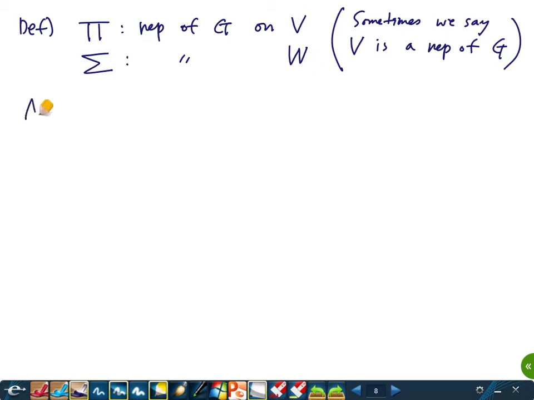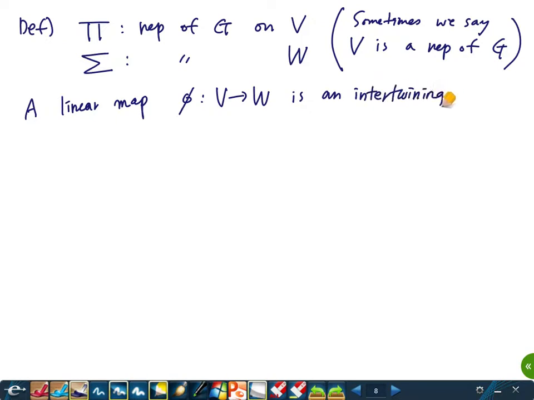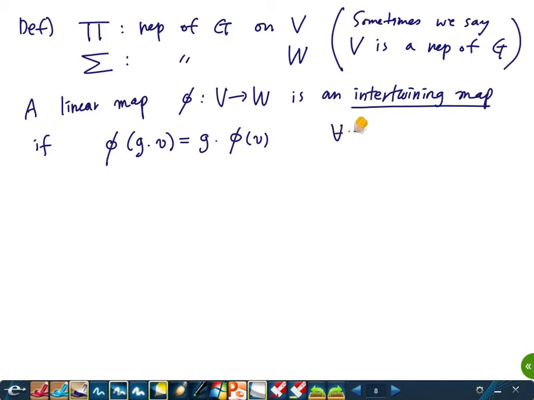A linear map, say phi from V to W, is an intertwining map if phi(g·v) equals g·phi(v) for all g, for all v.